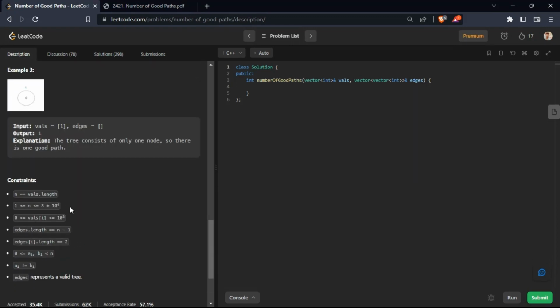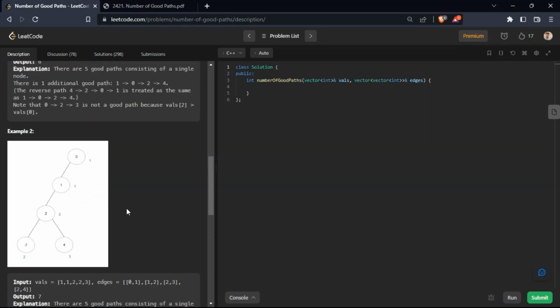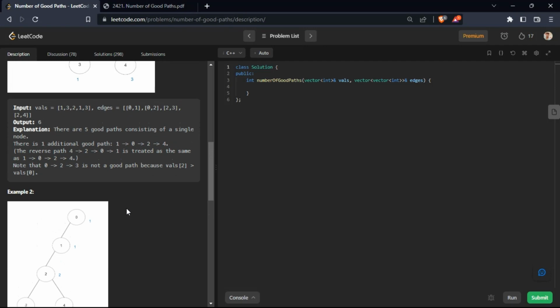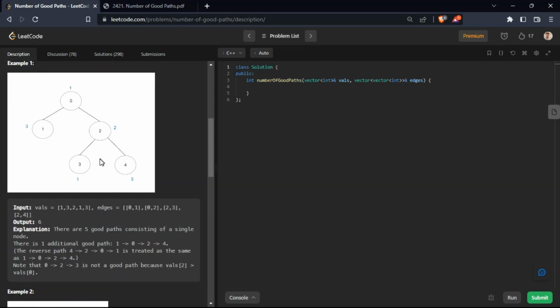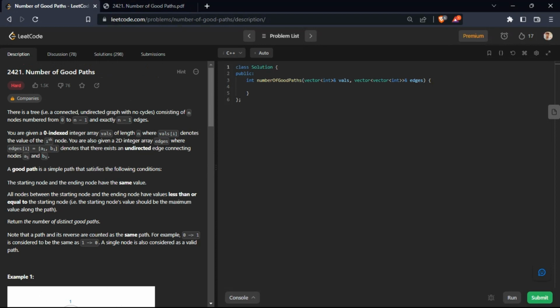Also, we can't iterate over nodes and look into all the possible nodes for those paths, because that would lead us to a time complexity of O(n squared). So we will try to do it in complexity n. Looking at the current scenario of grouping, I think it will go in the direction of DSU again.